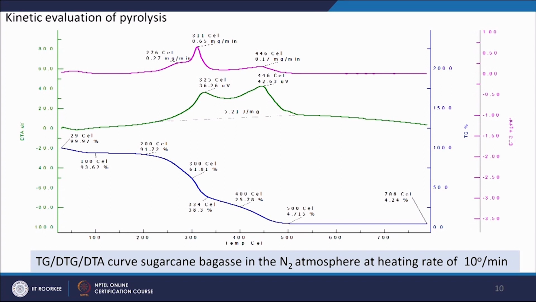Similarly, from this graph we see that the rate of change of mass is different with respect to time. It is maximum, 0.65 mg per minute, at 311 degree centigrade, and at 446 degree centigrade we get 0.17 mg per minute. So, the range of 276 to 446 is more critical or more suitable for the pyrolysis of this biomass.